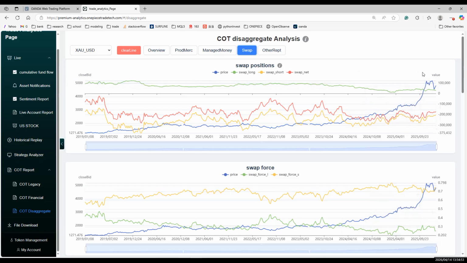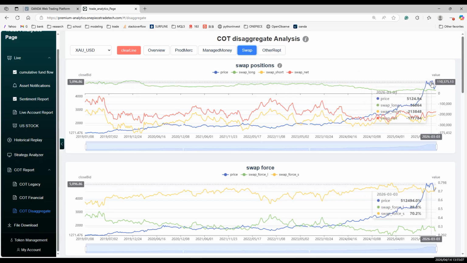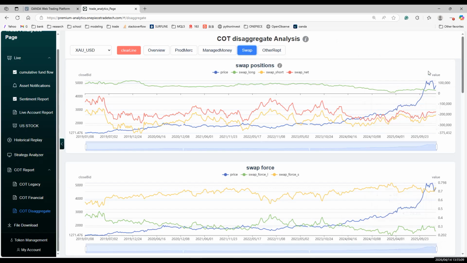On the micro level, we have our institutional fund flow indicator that provides guidance on daily trading activities, which is in a different video series.